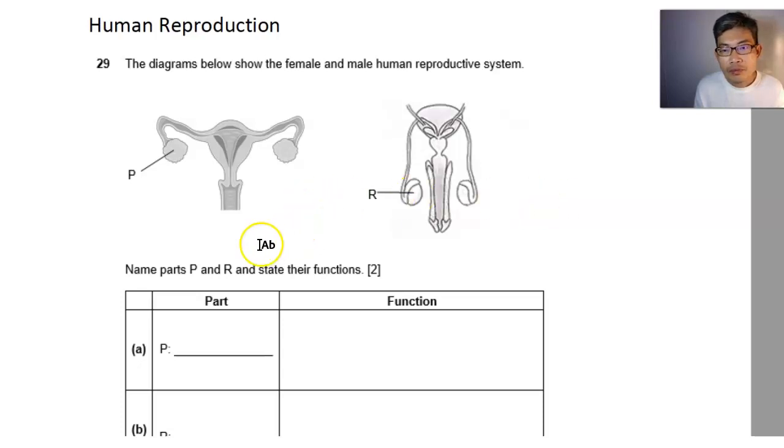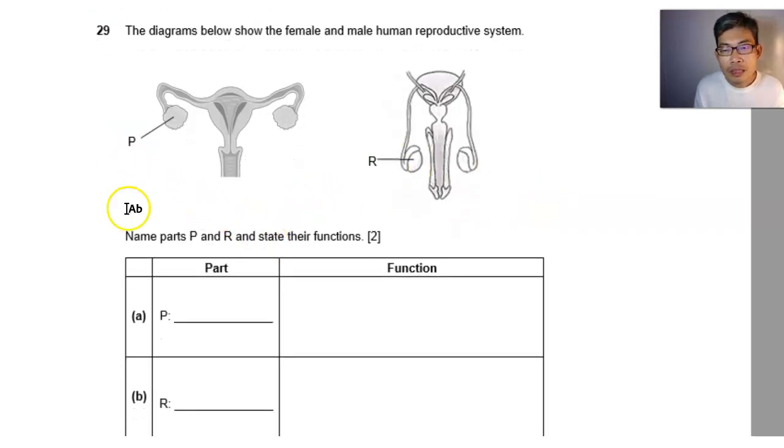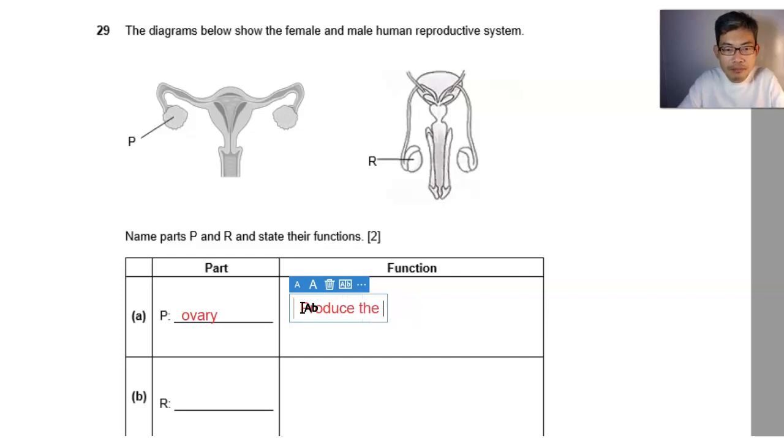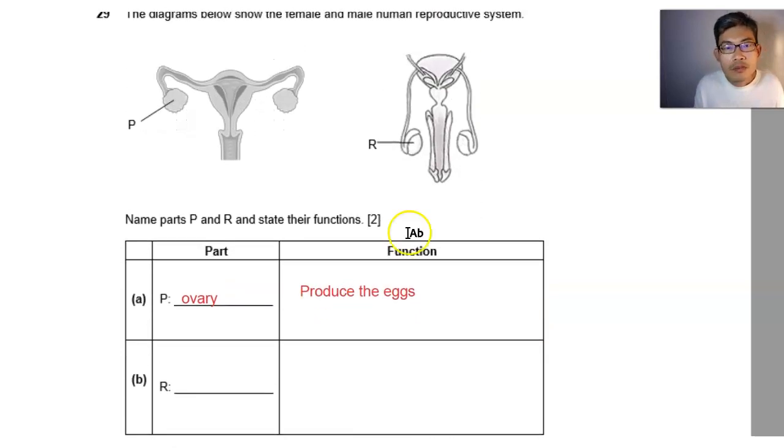So for example, look at this part for the female. This part P will be known as the ovary. This is a place where the eggs are released, one egg released per month. And the function is to produce the eggs. Now, how about for part R?